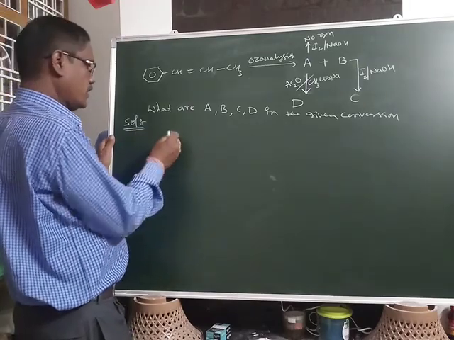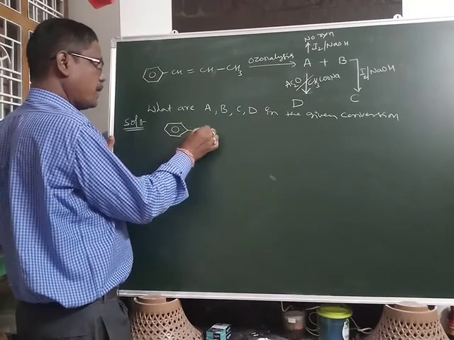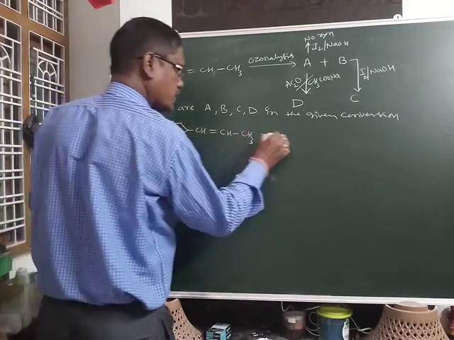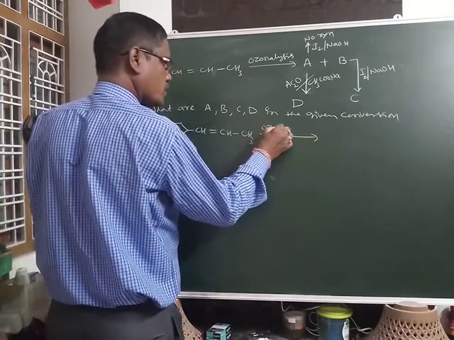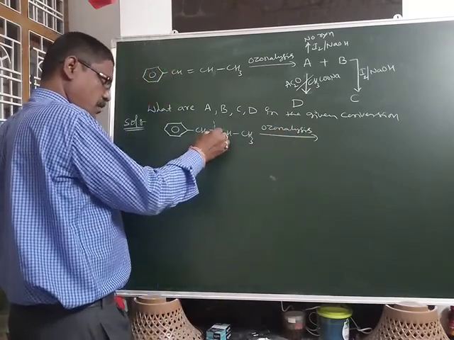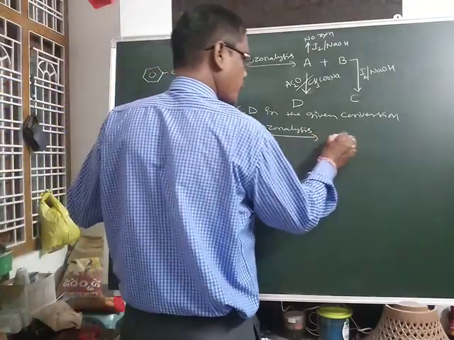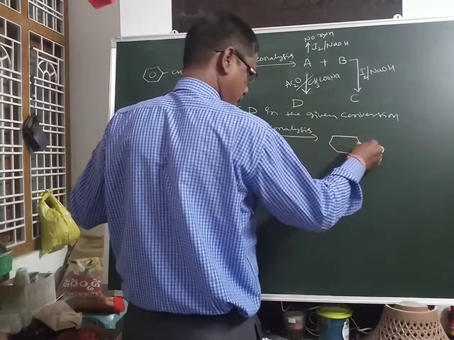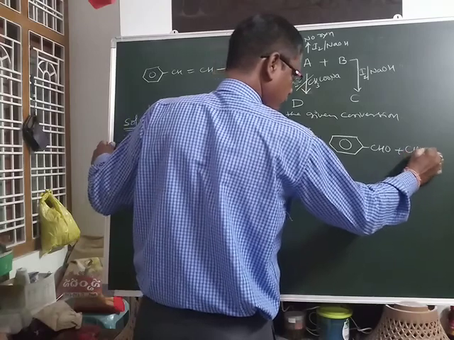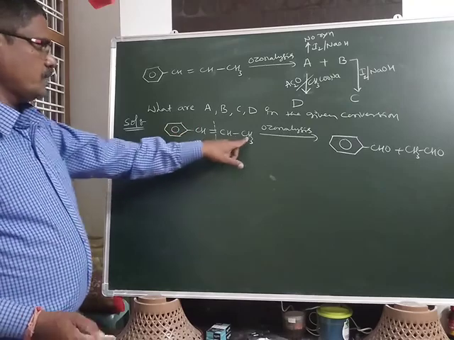For this one, the common reaction in today's class is ozonolysis. In ozonolysis, I am cutting this one bond and oxygen is substituted. That's why we obtain benzene ring CHO plus CH3CHO.